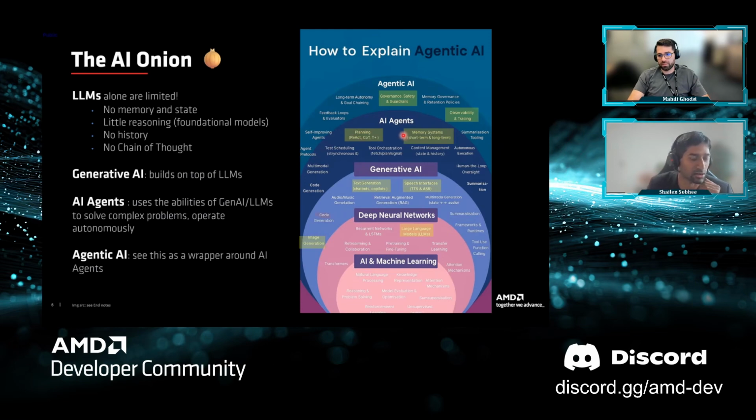If you look at it as an onion layer, you all know about the LLMs in yellow here. And 4 to 5 years ago, things like DALL-E and Midjourney and Stable Diffusion made big noise, and that was the generative AI level because it took LLMs to the next level.